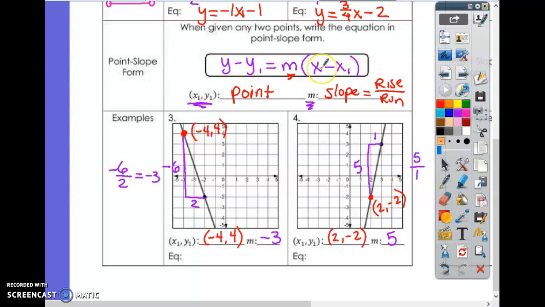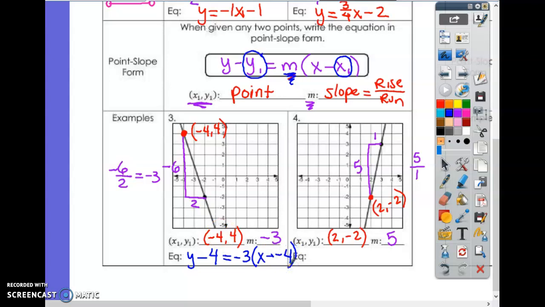This is the formula. You're going to put here the y, here the x, and here the m. Okay? So I'm going to start with y minus my y. What's my y? 4 equals m, negative 3, parentheses x minus my x, negative 4.